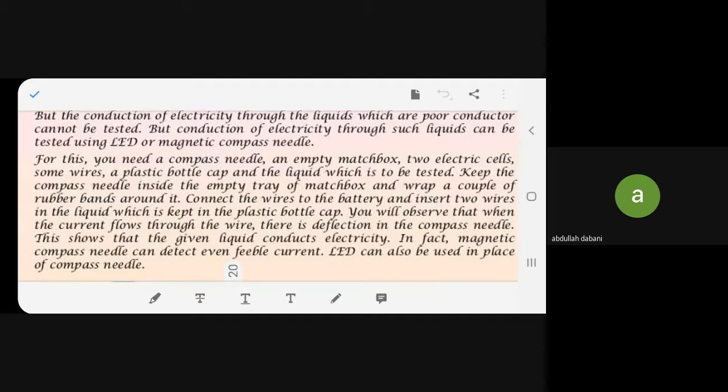You will observe that when the current flows through the wire, there is deflection in the compass needle. This shows that the given liquid conducts electricity. In fact, a magnetic compass needle can detect even feeble current. An LED can also be used in place of the compass needle.